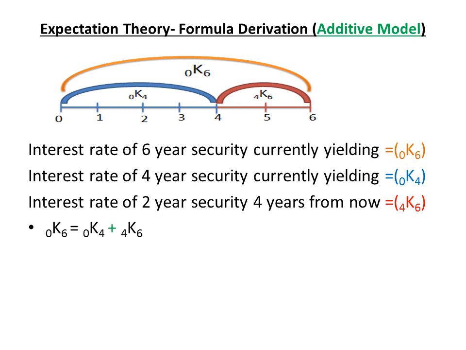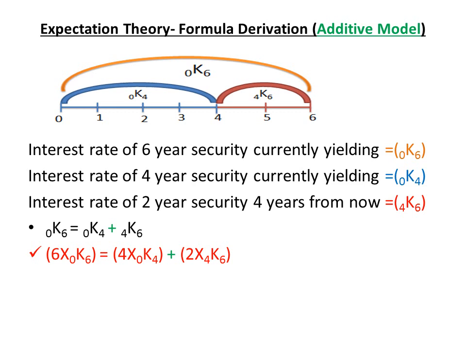Now from the additive model, the long line 0 to 6 equals 0 to 4 plus 4 to 6. So this is not our formula, but this is our exact formula from the additive model. Have a look. 0K6, 0 to 6 is 6 years, so 6 minus 0 equals 6.